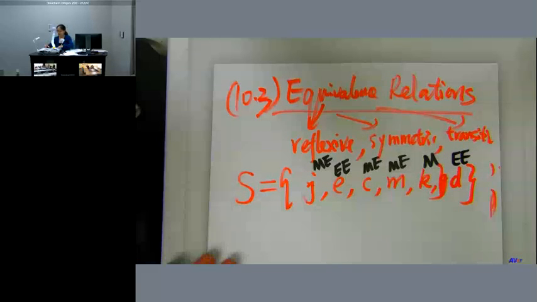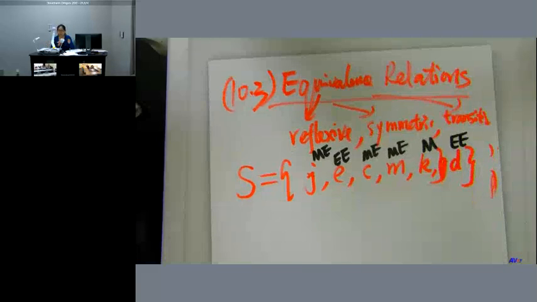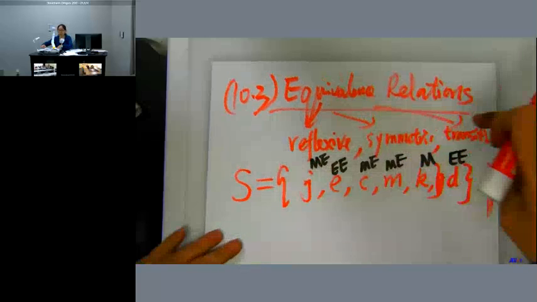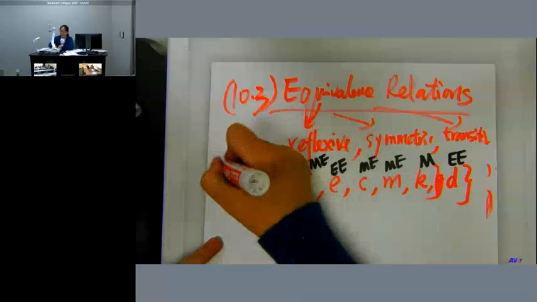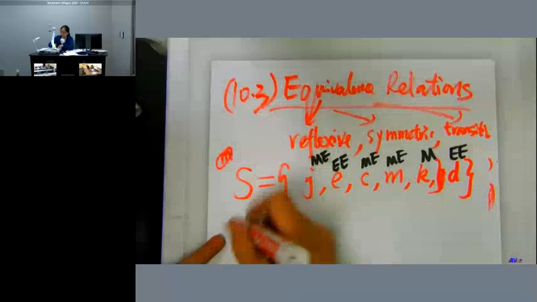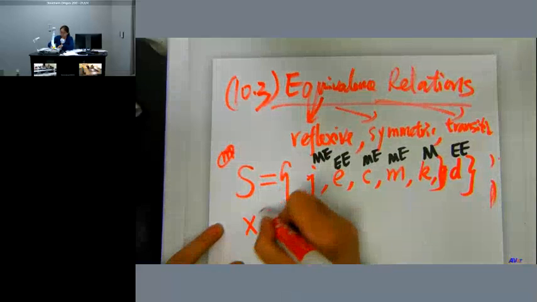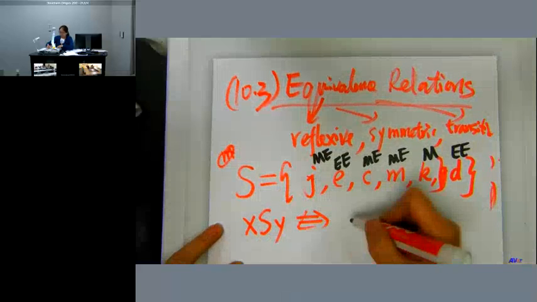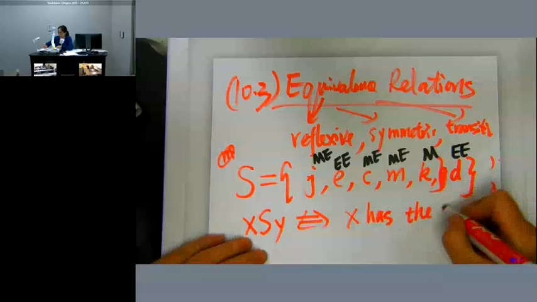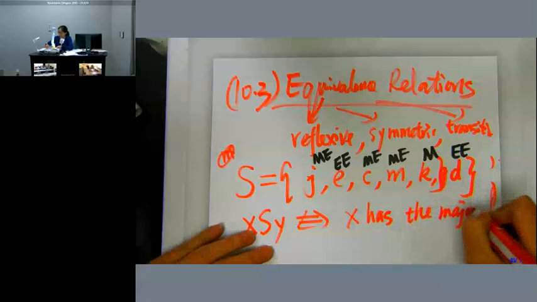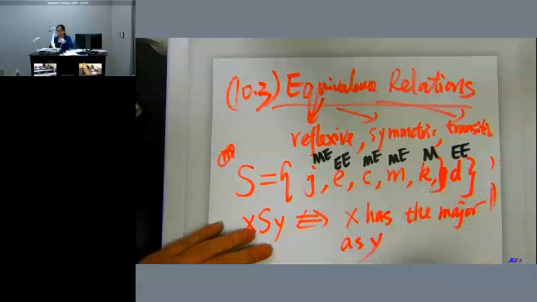Okay, so we talked about this before, the major relation. It is reflexive, symmetric, transitive. If you think about it, why is it? The first student is related to the second if and only if X has the same major as Y. So that's the homework question.